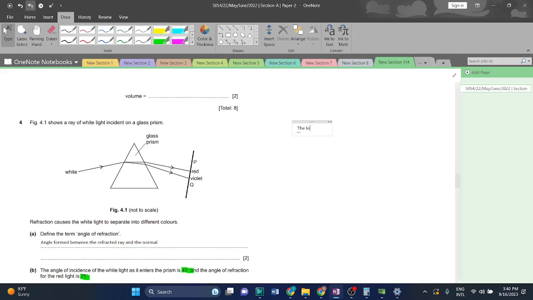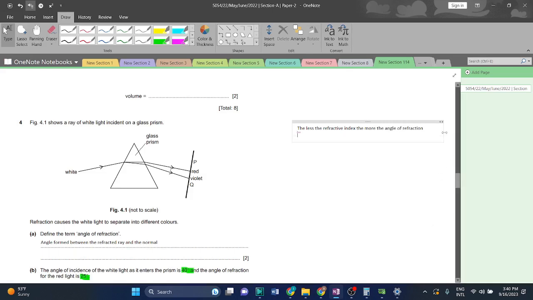The less the refractive index, the more the angle of refraction. So yeah, the lower the refractive index, the greater the angle of refraction.